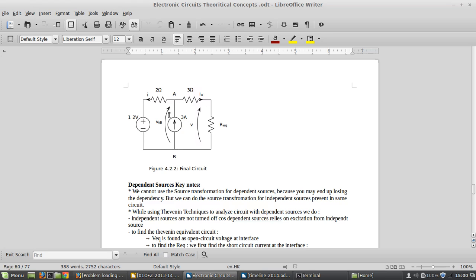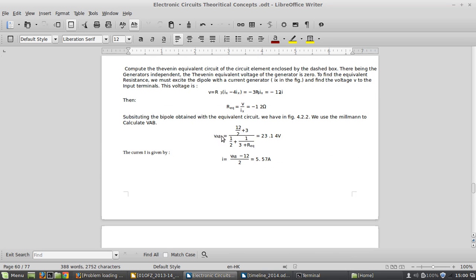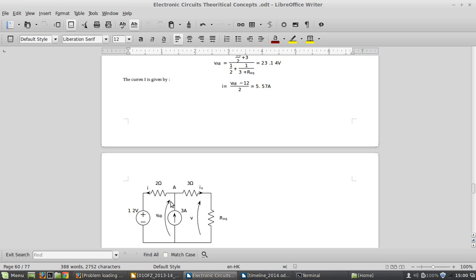The external current source is just ix, and then I find the Thevenin equivalent here, the Millman here. Then similarly I find the result for I. First I find the Millman, that is VAB.